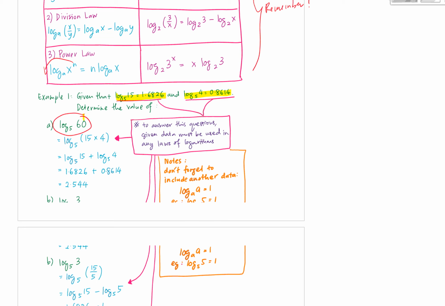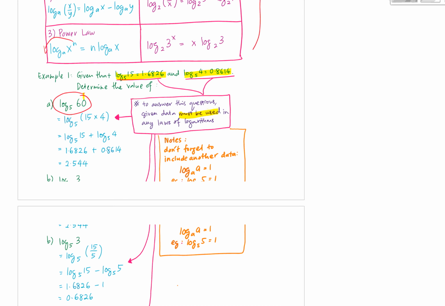See, to answer this question, the given data must be used with the laws of logarithm. You cannot use other values. So, these are the values that have been given, and we must use them with the laws of logarithm. We know that 60 is the product of 15 times 4.